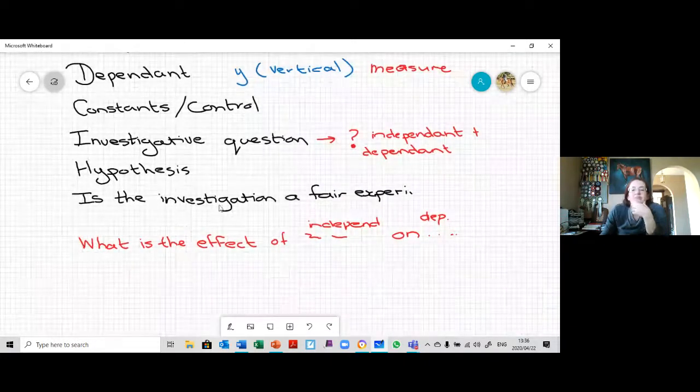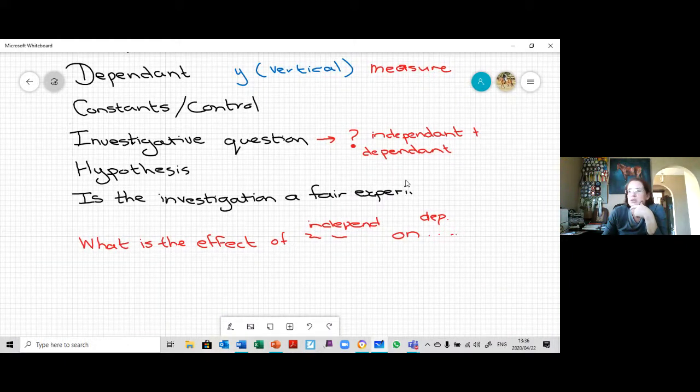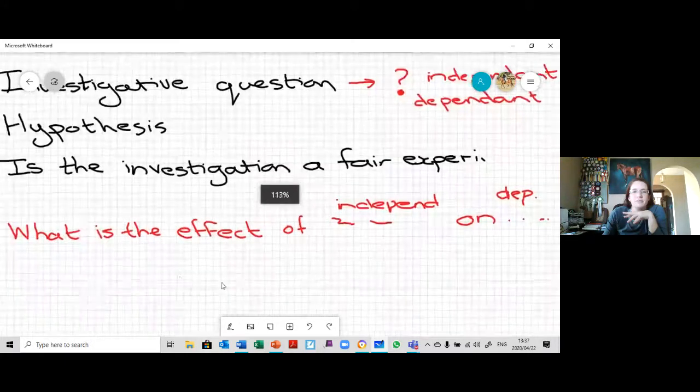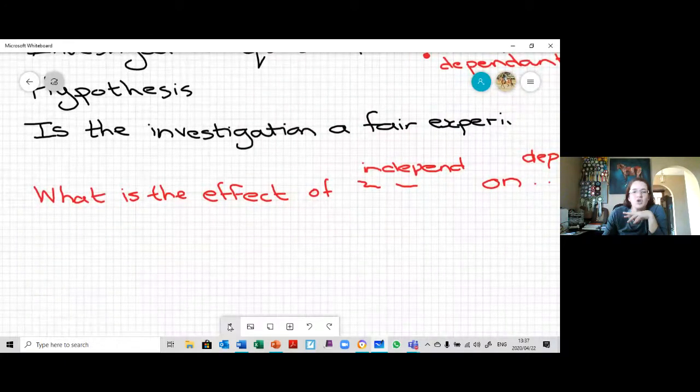Is this investigation a fair experiment? Normally 2 marks: 1 for the yes or no, 1 for the reason. And the reason is super, super simple. You don't have to go into too much detail.